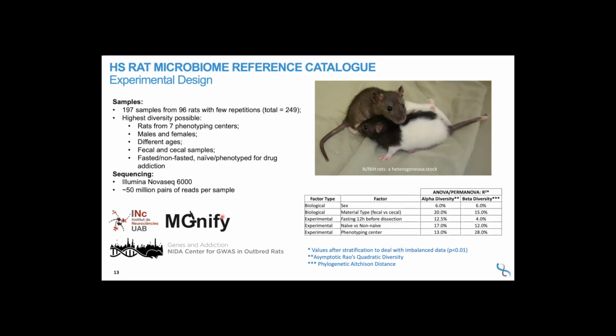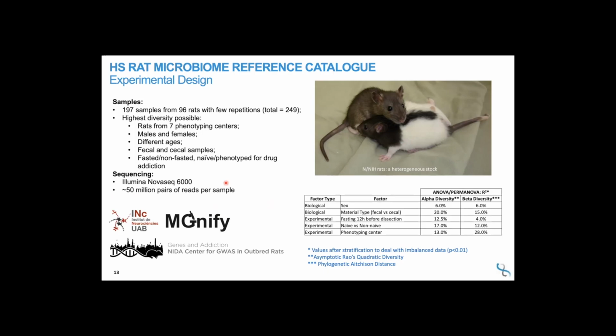So for this, we are sequencing very deeply. We're targeting 50 million pairs of reads per sample. And the idea is to use this metagenomic data to reassemble the bacterial genomes and to use this genome catalog as a reference to run the same pipeline and see whether we can improve the taxonomic profiles and also use these for functional predictions.